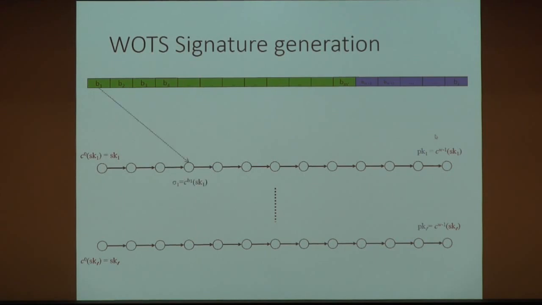And now the signature is simply selecting nodes, one node from each hash chain, and we take the b_1-th node of the first hash chain down to the b_L-th node of the L-th hash chain, and then get the signature which contains L such signature elements, and all these signature elements are one intermediate node from such a hash chain. Okay.